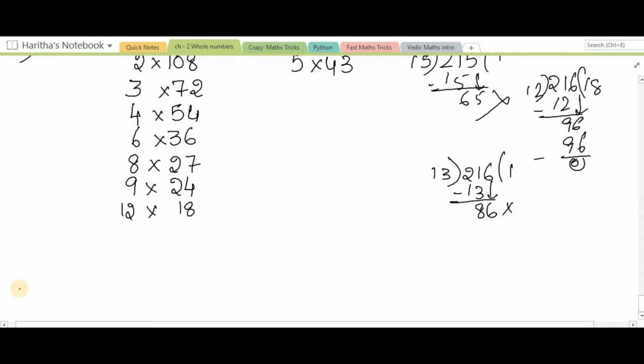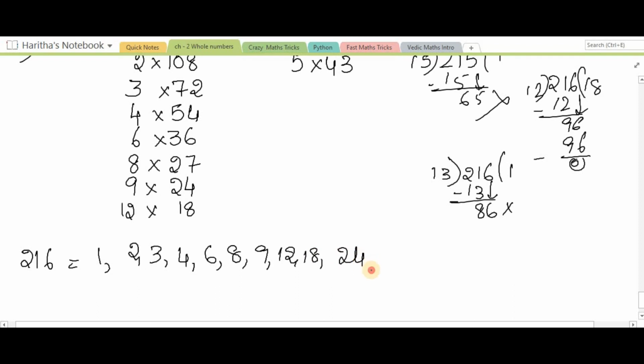Now the common factor for 216 and 215 is 1 only you'll get, because they are consecutive numbers. Always consecutive numbers will be co-primes, because there will be no common factor for them. That is the reason those numbers will become your co-primes.